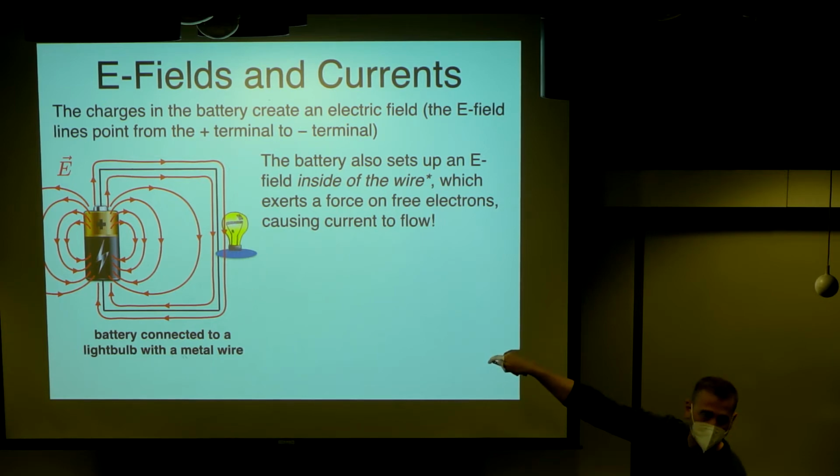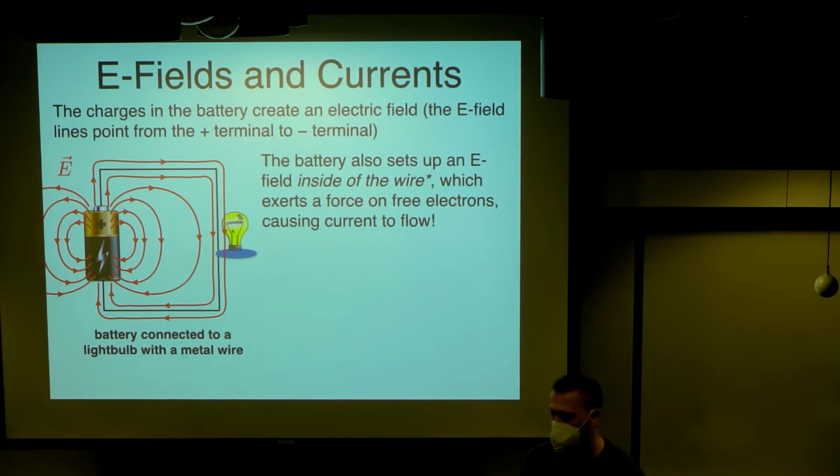You can take a look at that if you're interested, but it's a little beyond the scope of the class. The point is, we have these E fields, and those E fields fundamentally are what is driving the current. That's what's pushing the electric charge around, causing it to flow in the circuit.